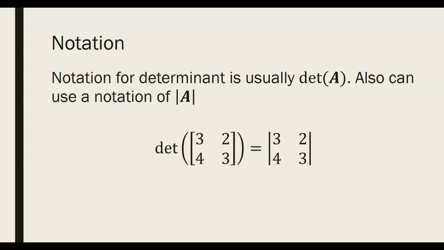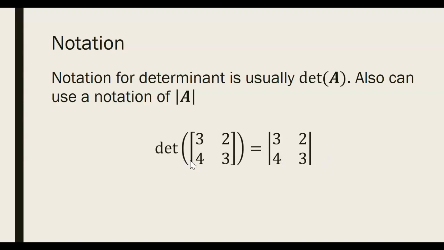Well, you can also use this absolute value notation. So instead of those brackets, you put absolute values around the array. Again, determinant of the matrix is the same thing as putting absolute value around the array. Now these aren't actually absolute values, but they're just another way to write determinant without having to write DET.